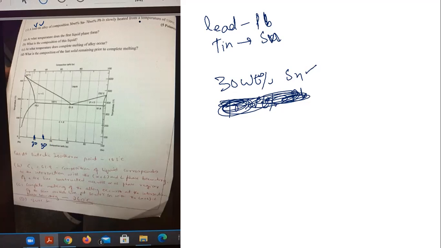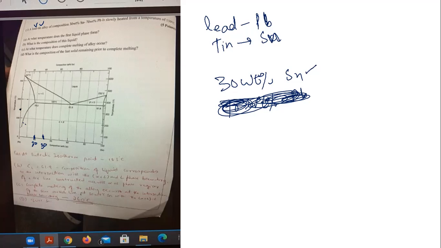Now it says that it is slowly heated from a temperature of 150 degrees centigrade, right? Okay, so this is 200. Let me see again. Is this 300 or 200? The picture is very blurry. This is 100, and this is 200, and 300.